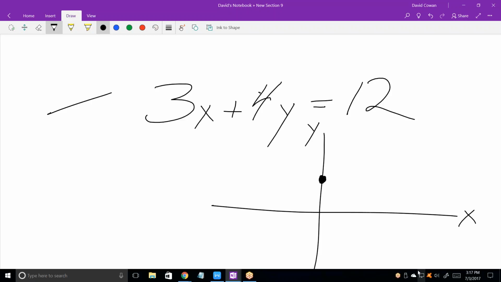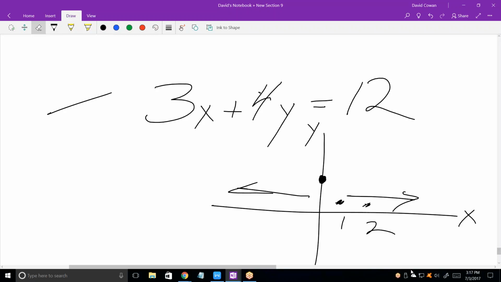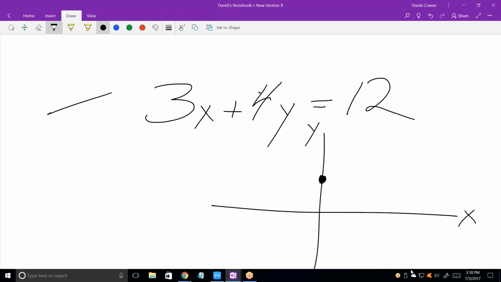In other words, the x values go this way and that way. So if I'm right there, my x value might be 1. If I'm right there, my x value might be 2. But if I am on the y-axis, my x value is 0, always. And that's an important thing to know. Perhaps the most important thing in understanding the xy coordinate plane is this concept.